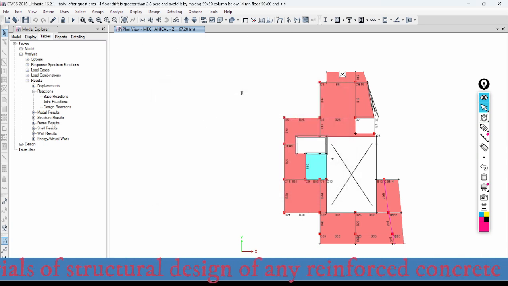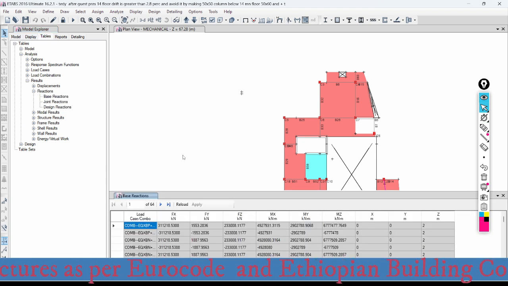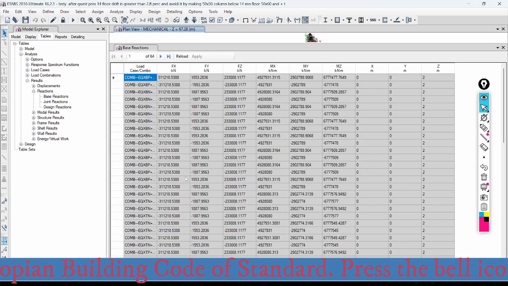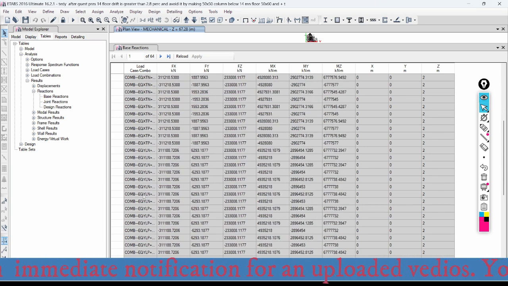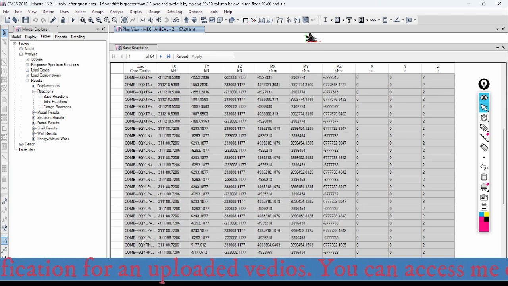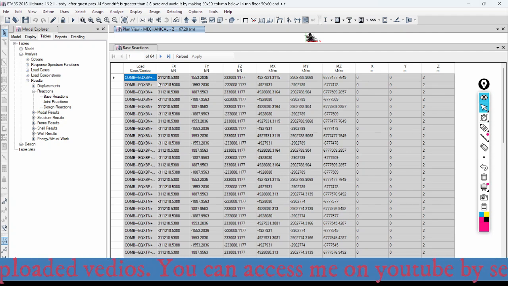The results conclude that we can go to the table and the results, that is the base reactions here. Let me maximize it. Here the load cases, which is the load combination for the linear static or equivalent lateral force case, is selected, that is 32 combinations. And now the basic point is just to see the results.